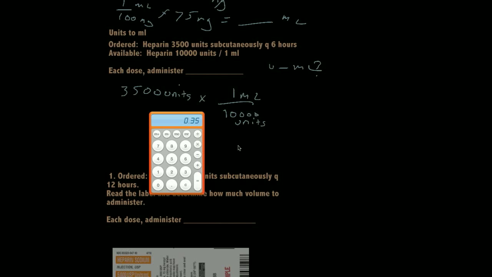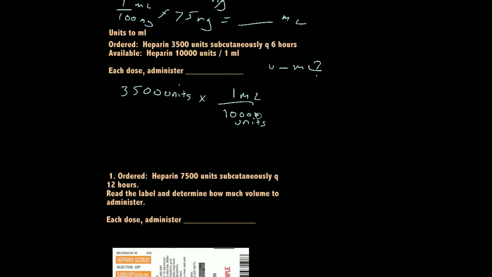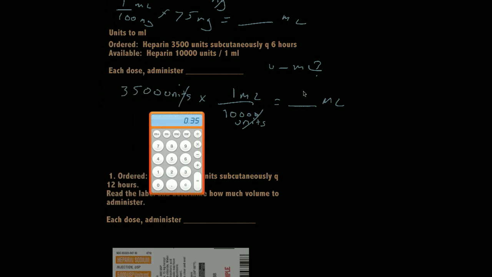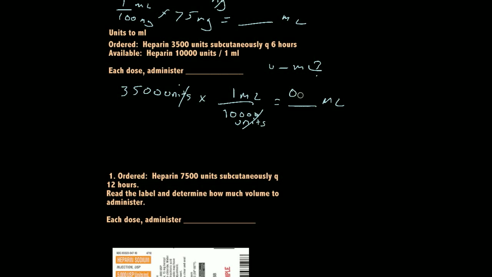That gives us 0.35 milliliters. My units cancel out. I'm left with my answer in milliliters. What was it again? 0.35? Yeah, 0.35 milliliters. So this is almost identical to the milligram problem, only it's with units.